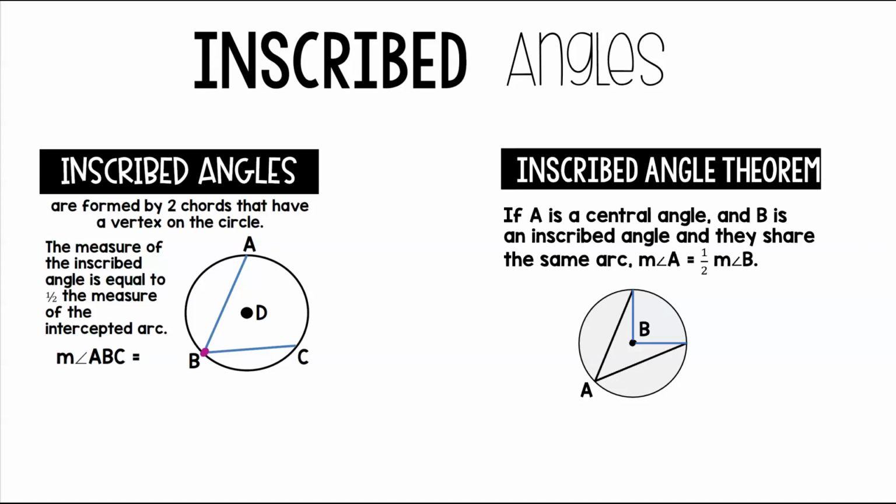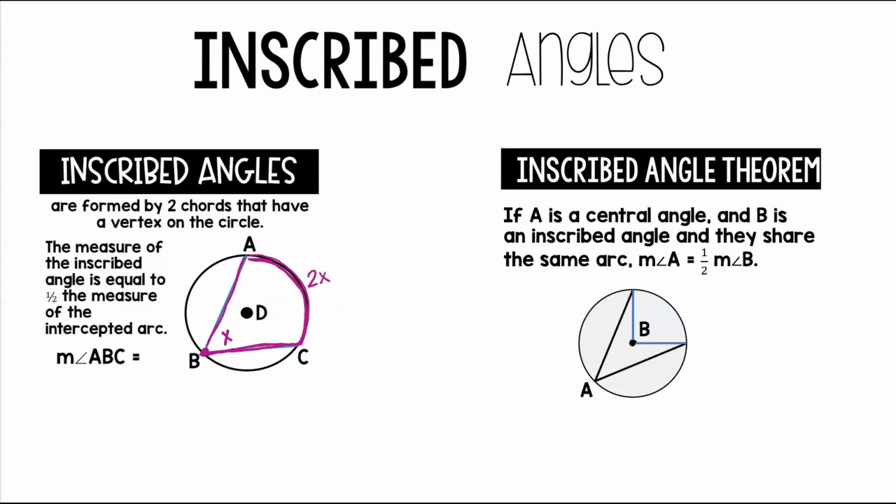Now there is a special relationship between this angle and the arc that it intersects. I'm going to extend this chord AB, and I'll extend this chord BC, and that corresponds to this arc AC here. Now whatever the measure of this angle, call it X, the arc will be 2 times it.